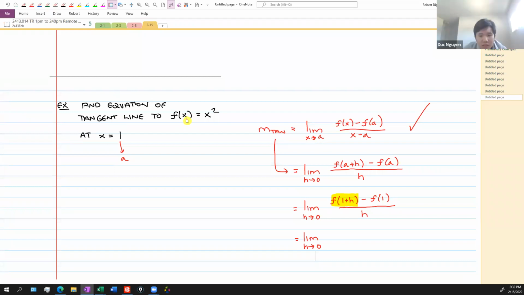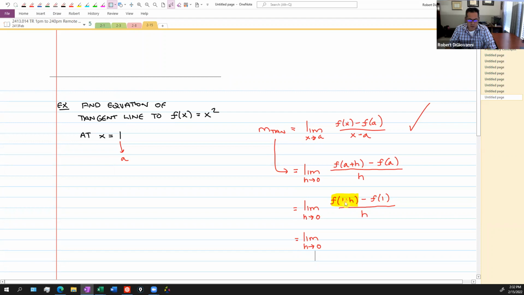It'll be 1 squared, so it will be 1. What about the h? Don't forget the h. You've got to plug the whole thing in for x, right? The whole thing goes in here. That whole expression, that x gets replaced with 1 plus h. So it would be 1 plus h squared, wouldn't it? Do you understand that, Duck?